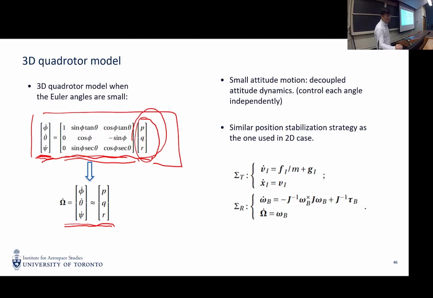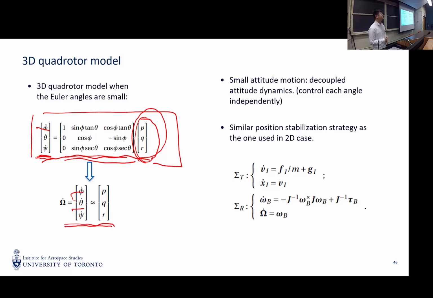If the angle is very large, there is no easy relationship so that you can control phi, theta, and yaw independently. They are all coupled. By making this assumption, we can design a very simplified controller by repeating the 2D case twice to get the controller in this decoupled form. So the purpose is to decouple the system so that we make our lives easier in terms of controller design.